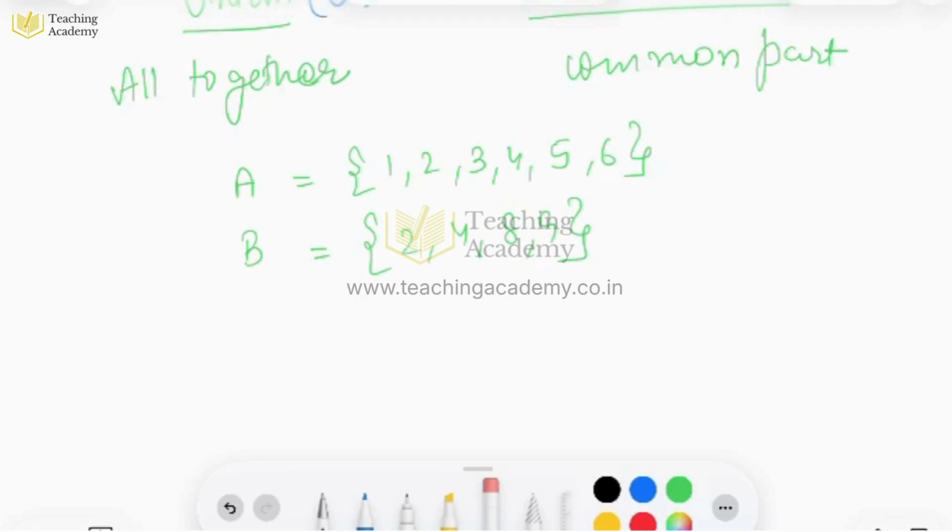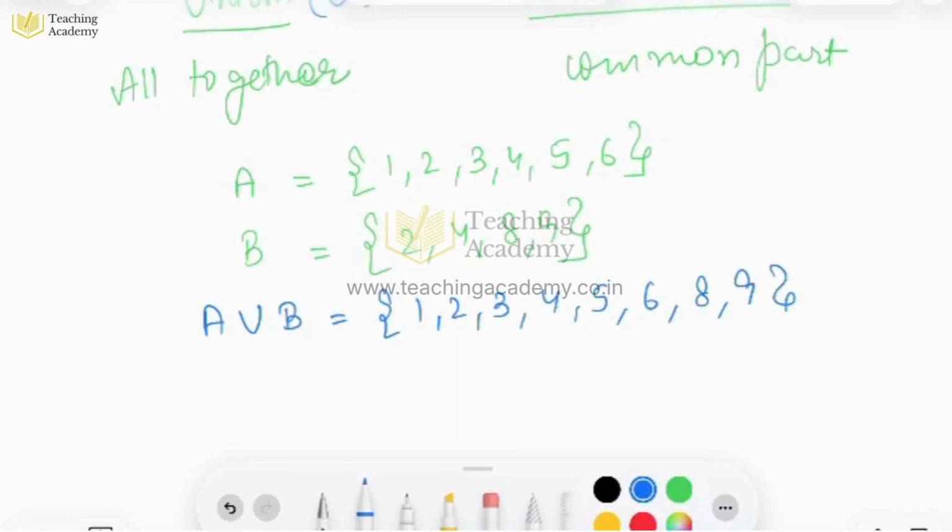Which means if I want to write something for A union B, that will be 1, 2, 3, 4, 5, 6, 8, and 9. We are not going to repeat the numbers. We are only going to count the common numbers one time. This is about the union thing, in which we are taking all the elements together.